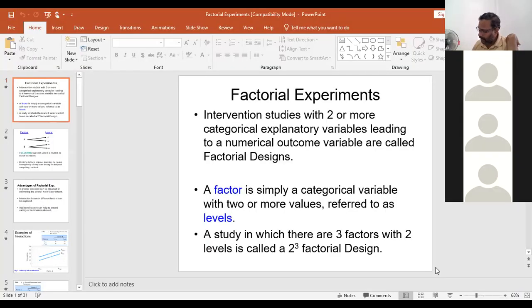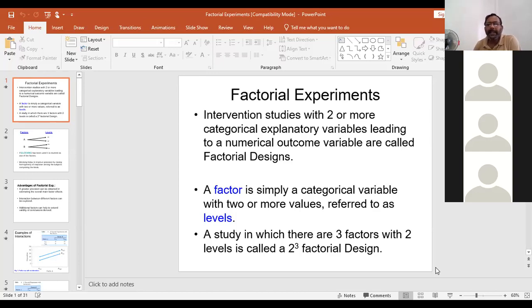Okay. I'm going to talk about a topic called factorial experiments. The title you could see is factorial experiment, because I'm not going to show all the slides here.